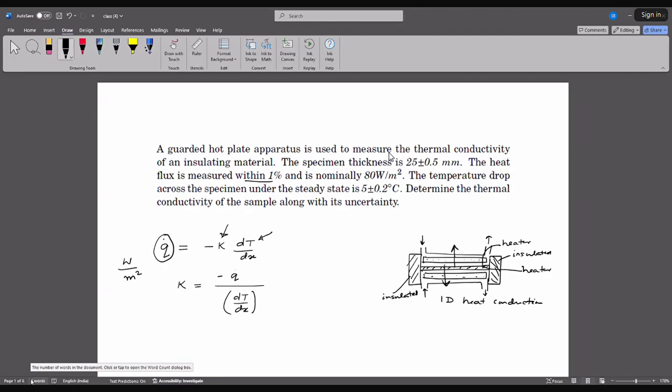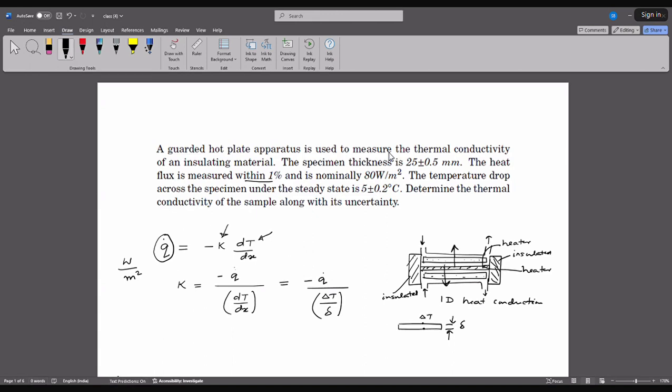Now, in this case, the thickness of the specimen is taken as delta. If you know the temperature difference delta T across the specimen, you can write this as the heat flux that goes through the specimen divided by delta T divided by delta.